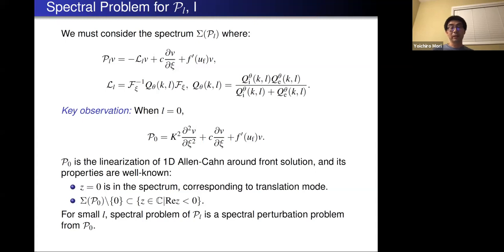It depends on C. So we have a non-local operator that is non-constant coefficient. So it looks rather complicated.